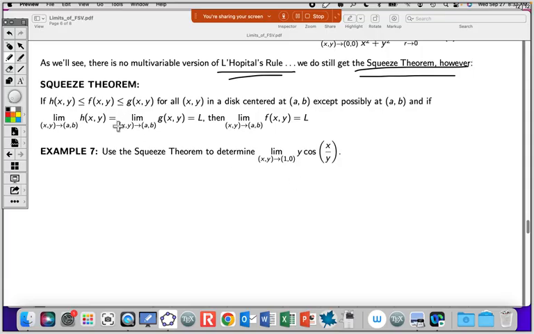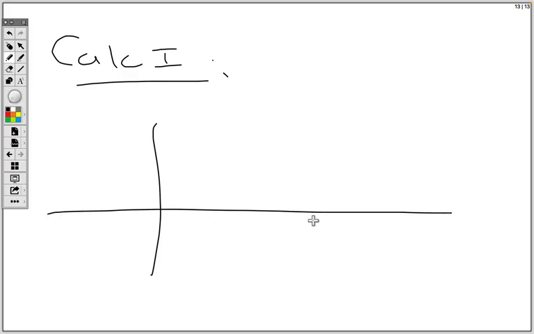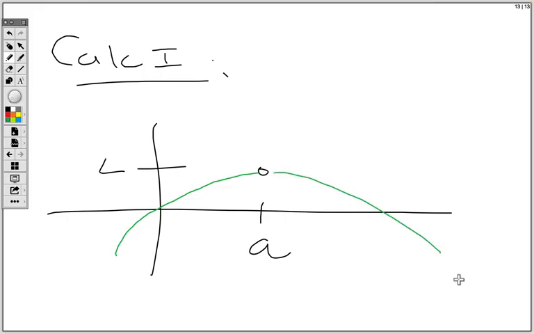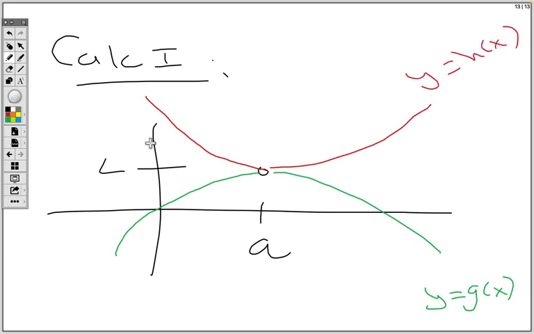However, we do have the squeeze theorem. So the squeeze theorem, if you remember back to Calc 1 or AP Calc, was this kind of scenario. You're looking at two functions. You got a function coming up from below, that's usually your y equals g of x. You got a function coming from above, that's your y equals h of x.